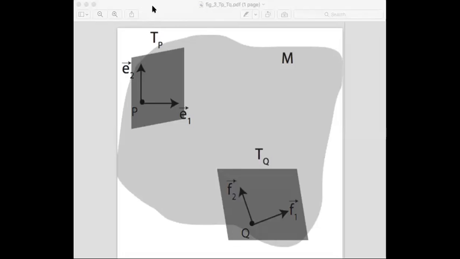Share screen. Here. Okay. Okay, so now I think you see my figure, right?